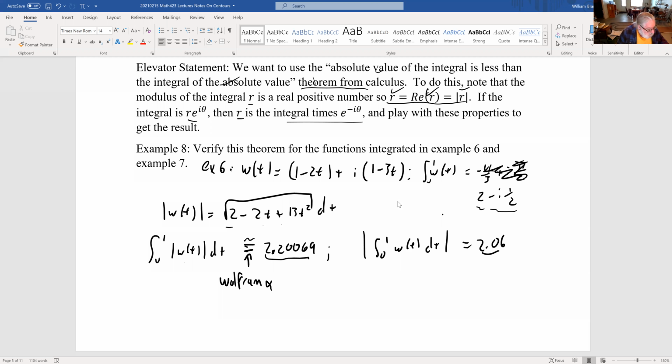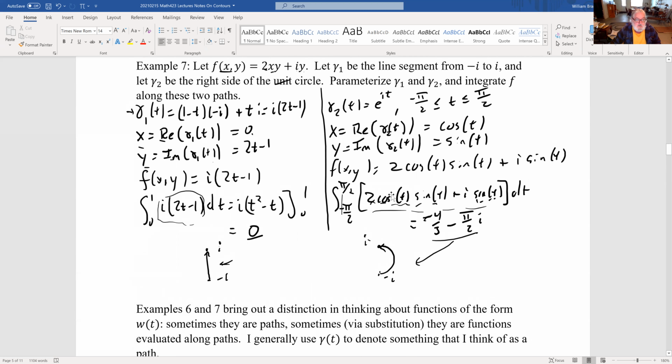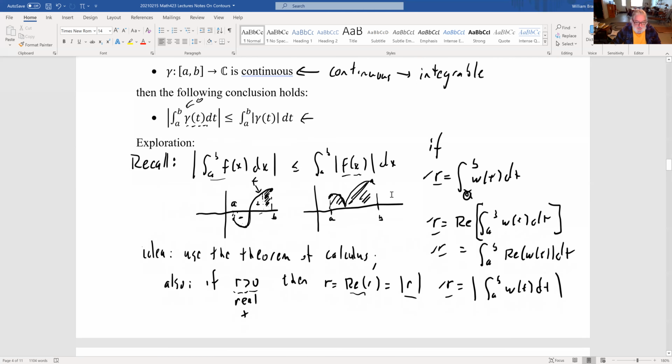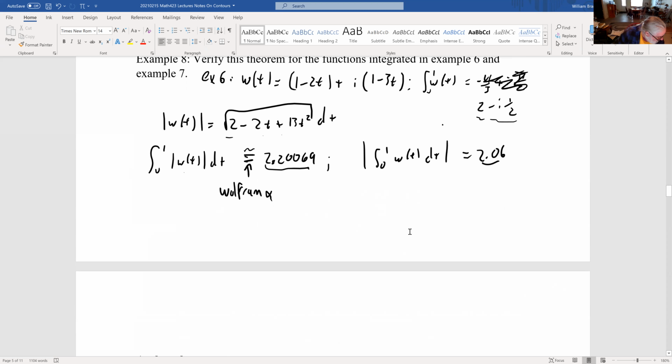For example 7, if you do the same thing, example 7 was a little bit easier, but it's got these two ugly things. I actually did grind this out for example 7, but my notes are not looking that good.